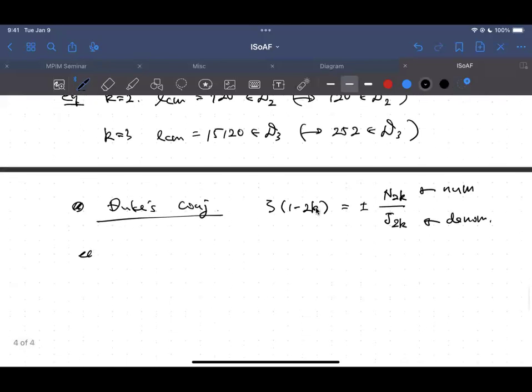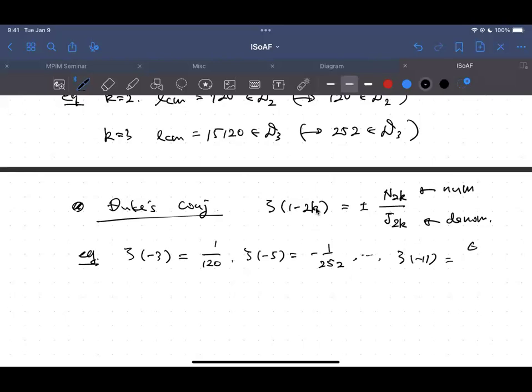For example, the value at minus 3 is 1 over 120, and the value at minus 5 is minus 1 over 252. And also sometimes we have a numerator, like 691 and like this.